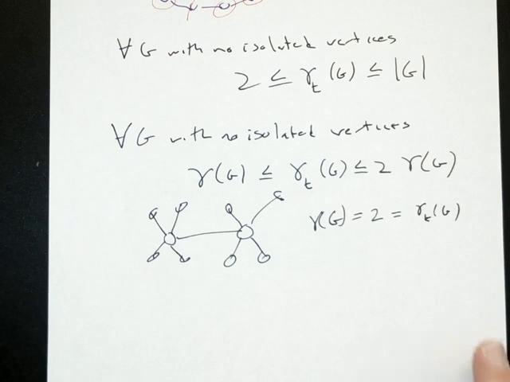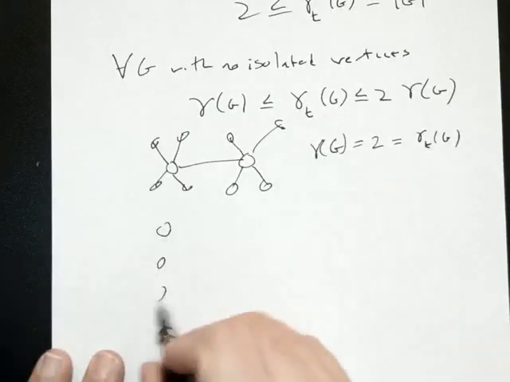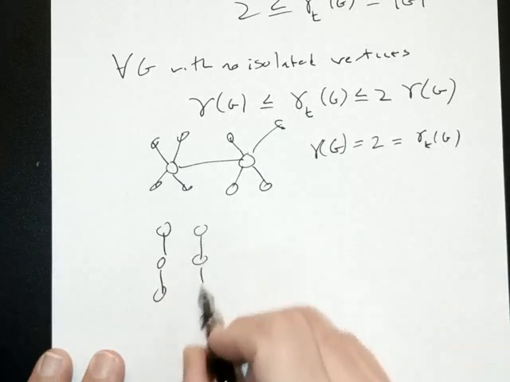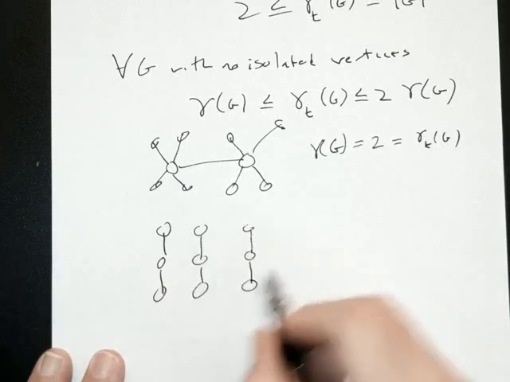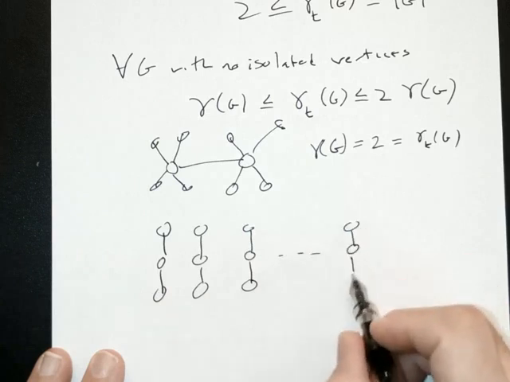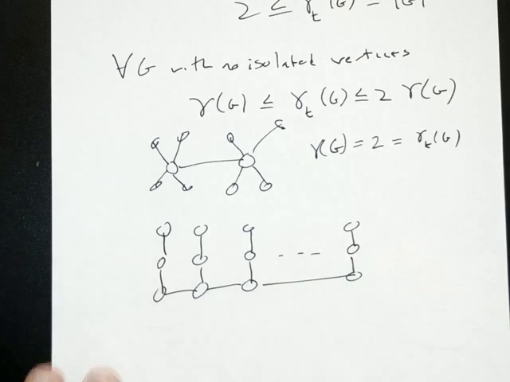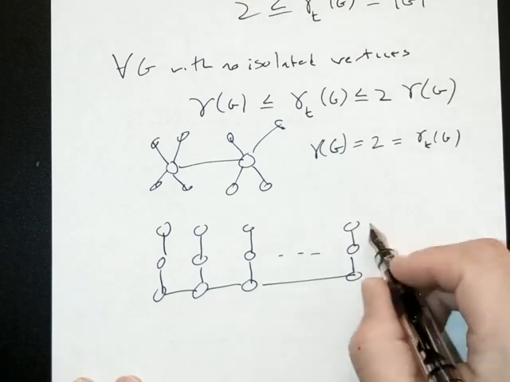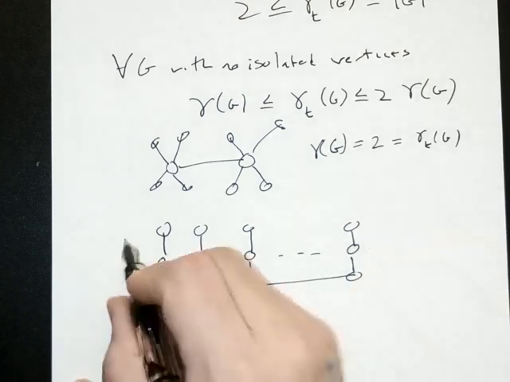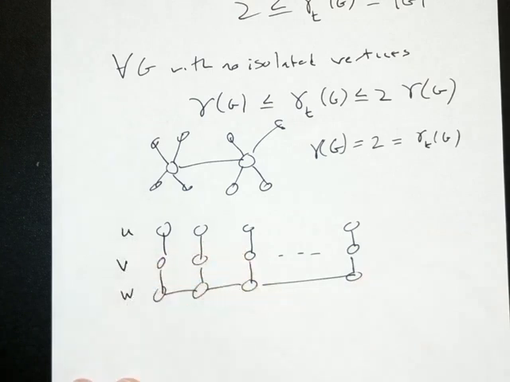If I use what is referred to as a comb, take paths of length 3, and then connect all of one edge. There, that's a comb. Call the top row the U row, the middle row the V row, and the bottom row the W row. The V row is a dominating set.